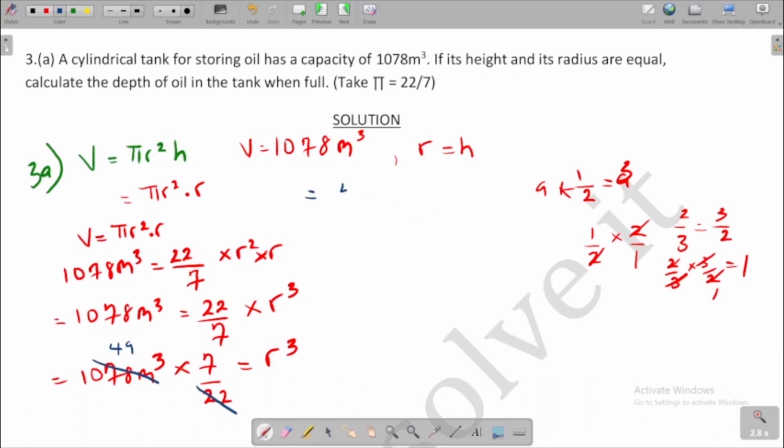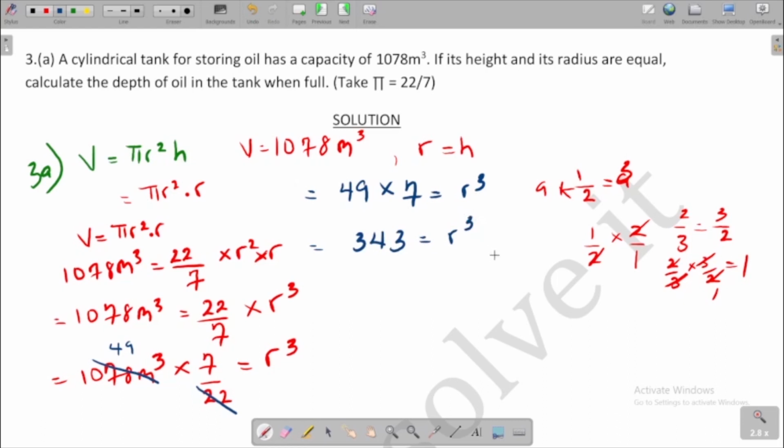So the answer is 49 times 7 is equal to r raised to power 3. So 49 times 7 will give us what? 343 is equal to r raised to power 3.